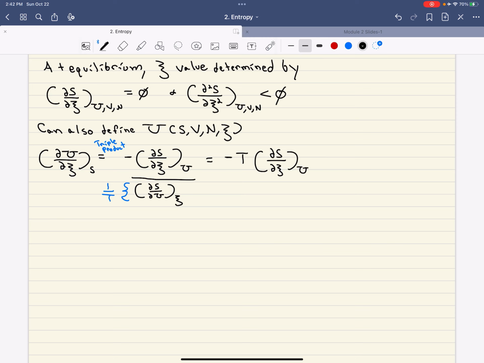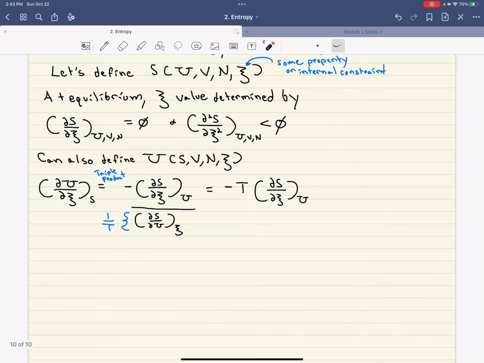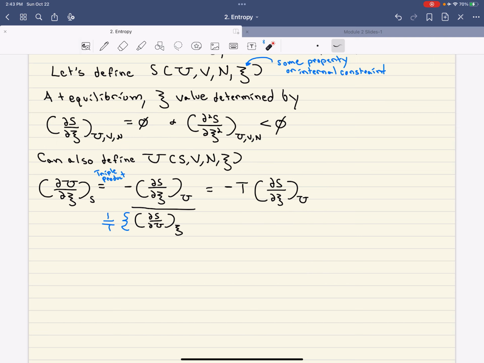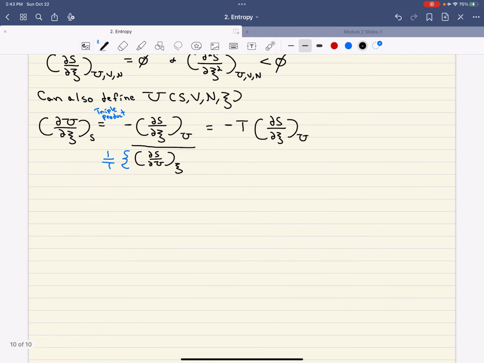By inspection, we have this partial derivative now, and we know that at equilibrium, this partial derivative is equal to 0. As a result, we find that dU/dpsi at constant S is also equal to 0.